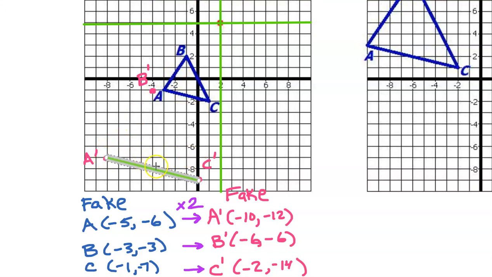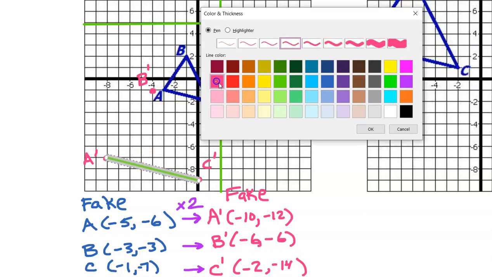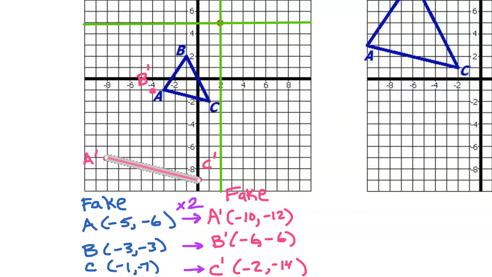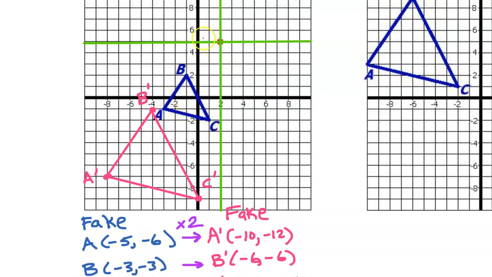Aw, man, I wanted that to be red. Okay, there it is. Notice that this image is twice as big as the pre-image. You might even notice that it's sort of radiating out from the point 2, 4.